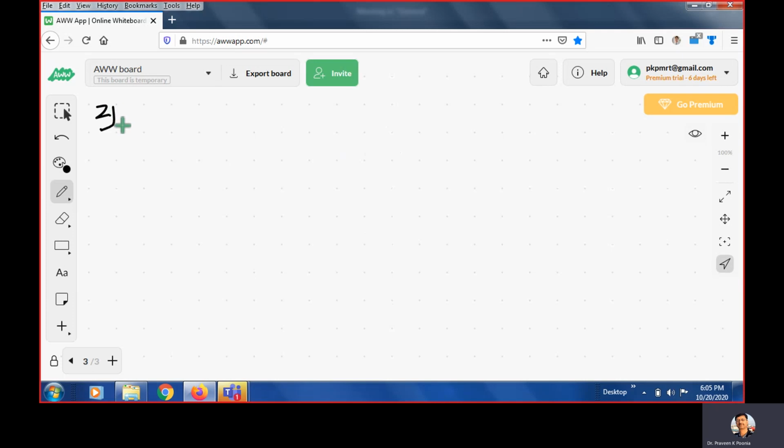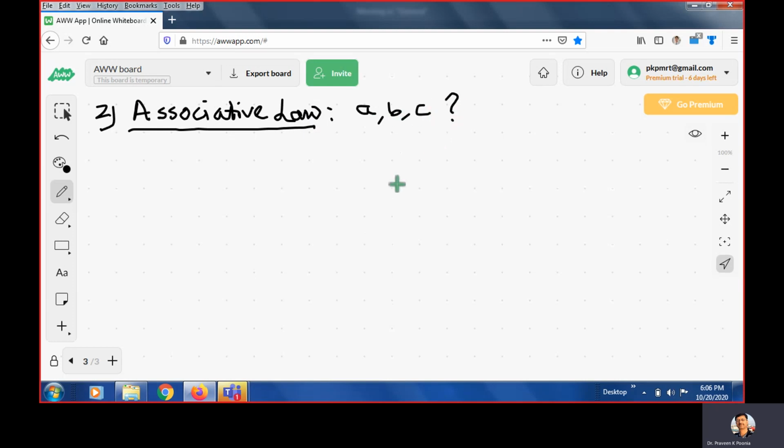Second law is associative law. Associative law is on 3 numbers A, B, C, and all the 3 numbers may be anything: natural numbers, integers, prime numbers, real numbers, rational numbers. It is true for all type of numbers. Clear?